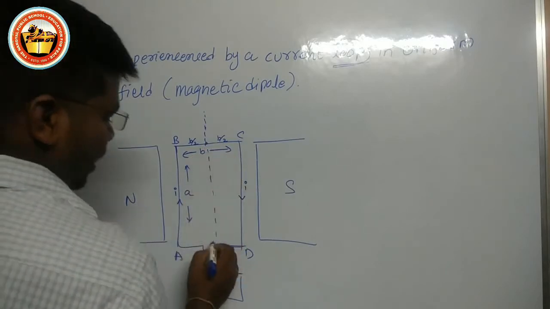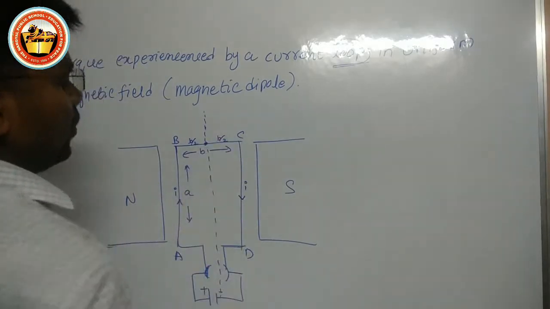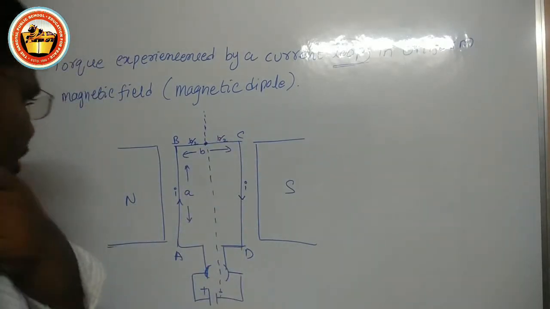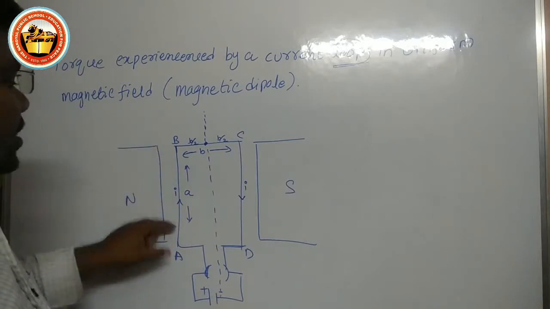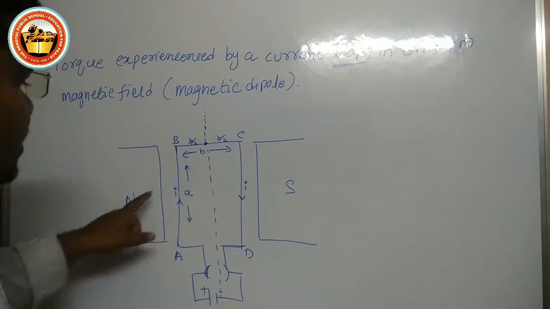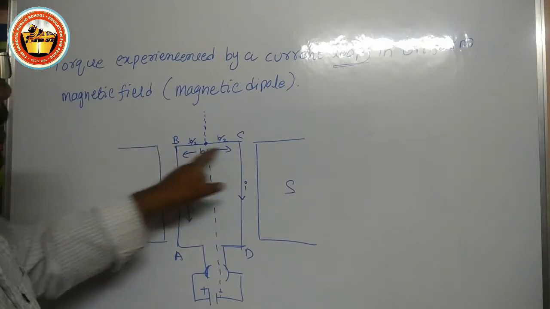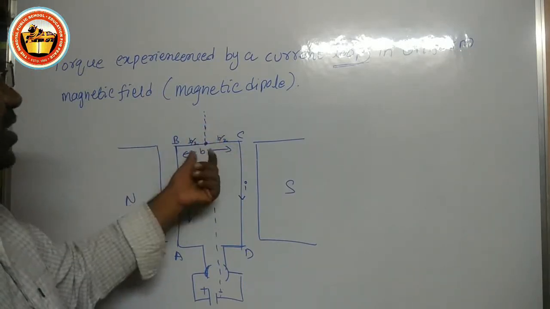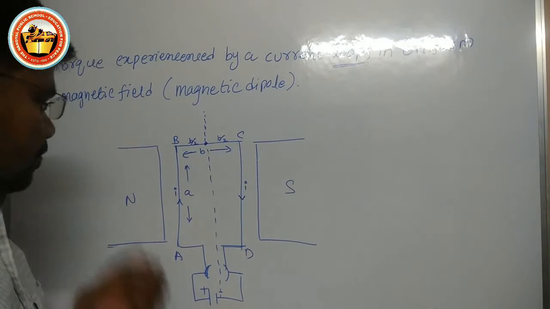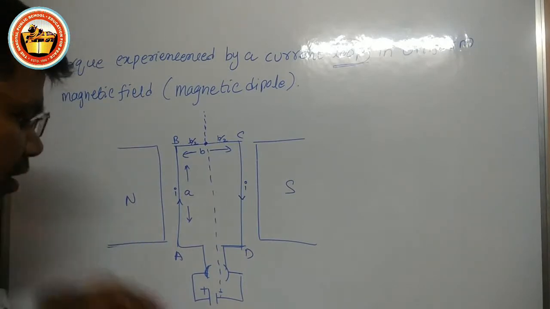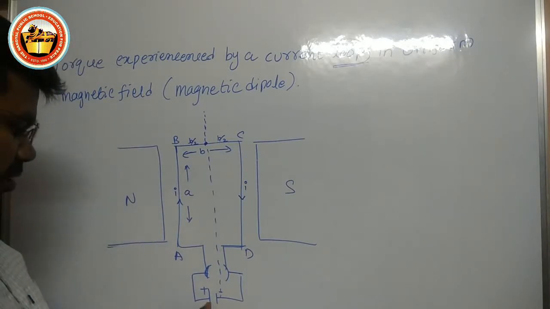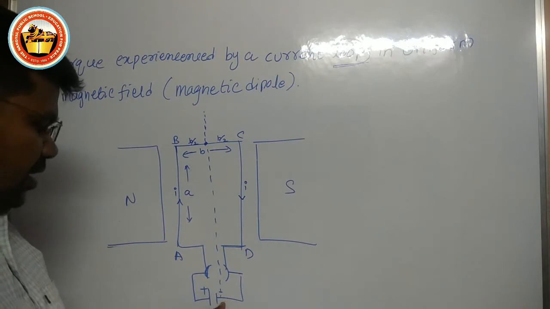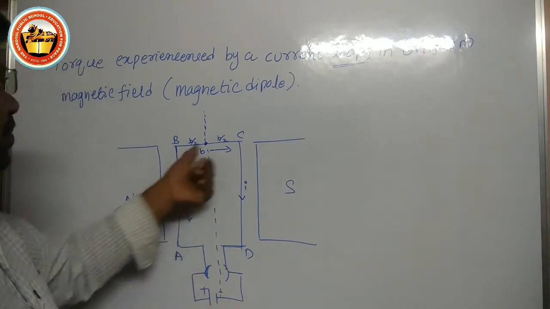AB is the length and BC is the breadth b, so half the distance is b by 2. If we switch on the battery, the current passes through ABCD.